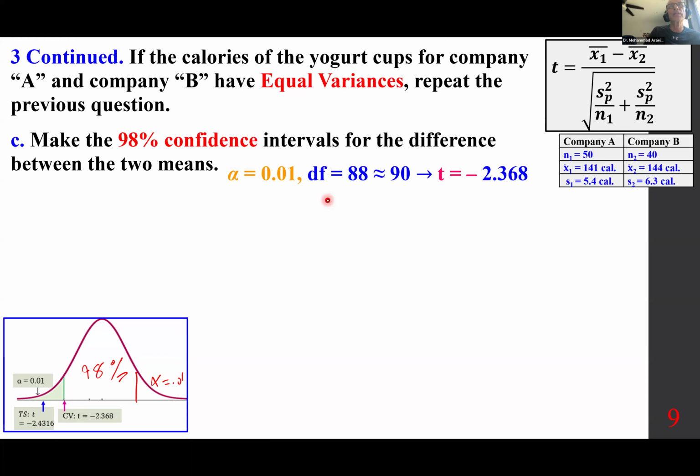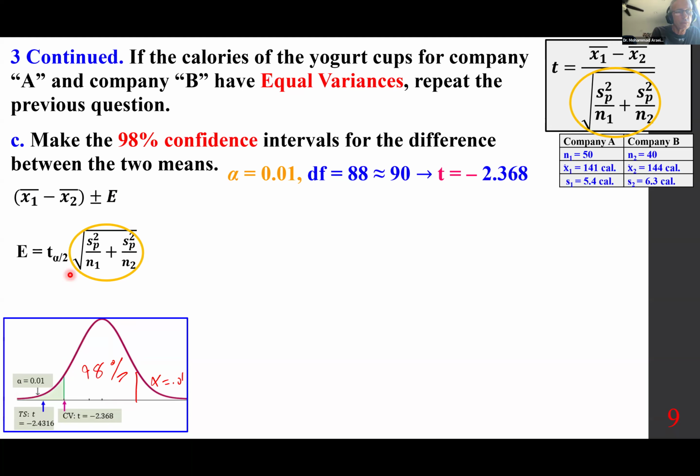So having said that, we want x1 bar minus x2 bar plus or minus E, and E is t alpha over 2 times the square root of s sub p squared over n1 plus s sub p squared over n2. The purpose of that, again, is to limit the amount of calculations. We are going to use the same t that we used here.